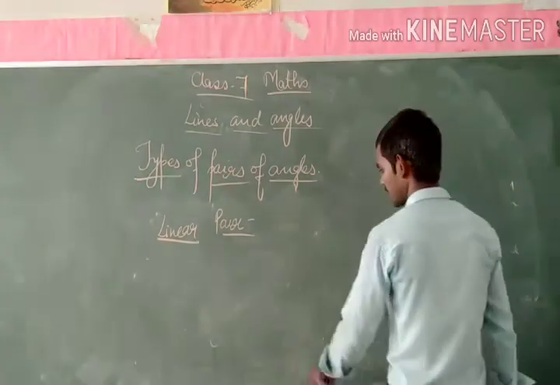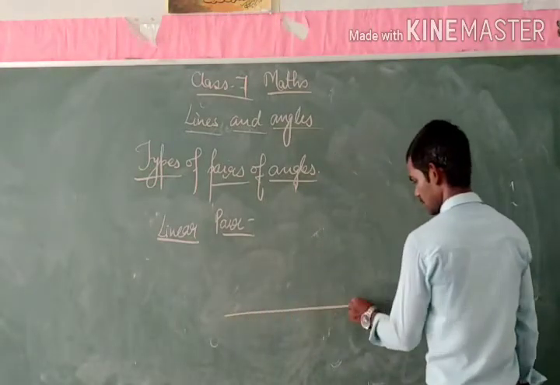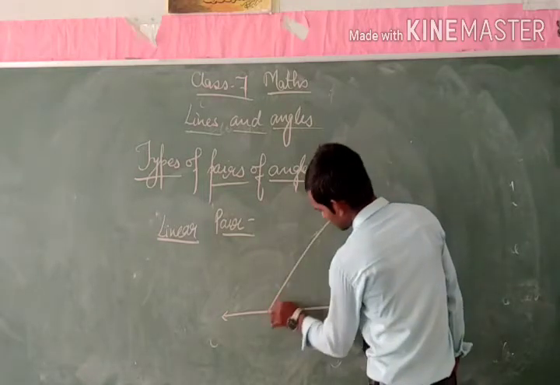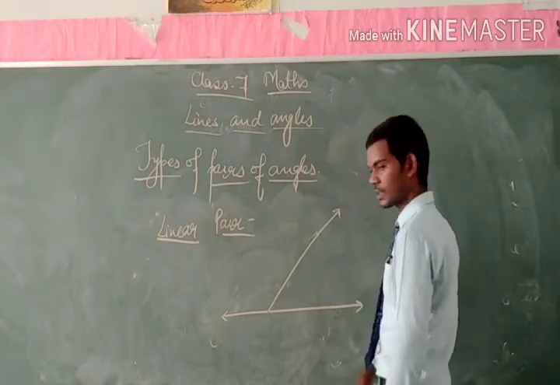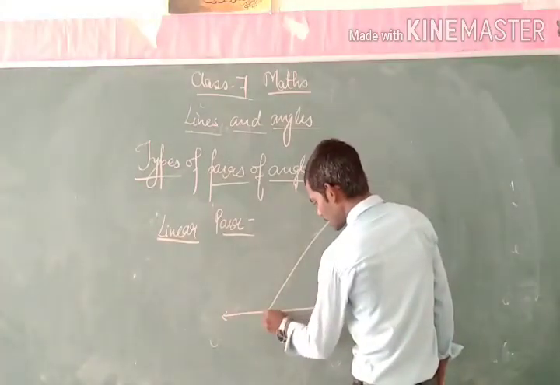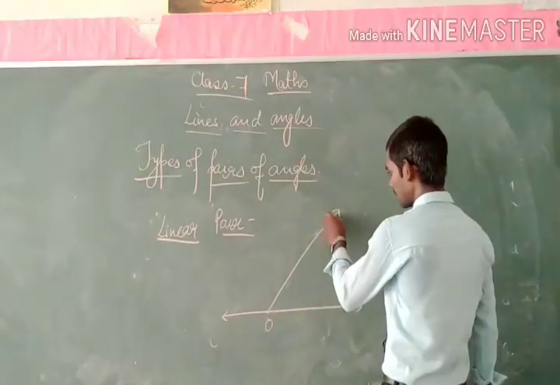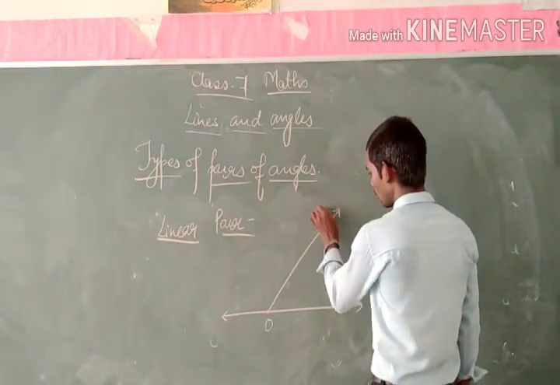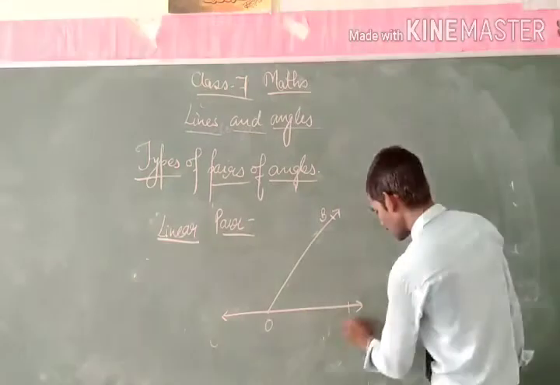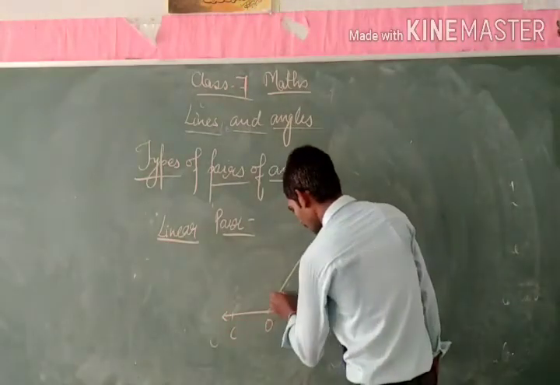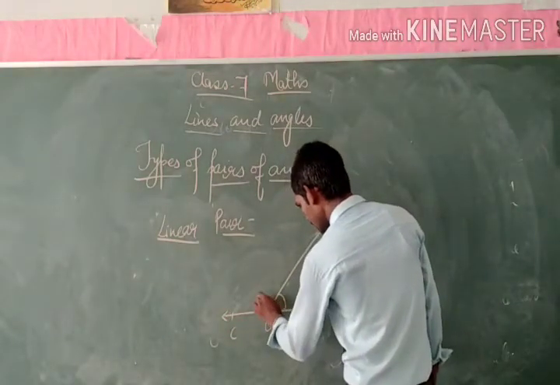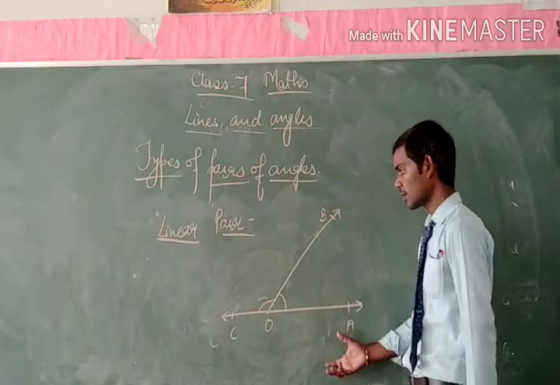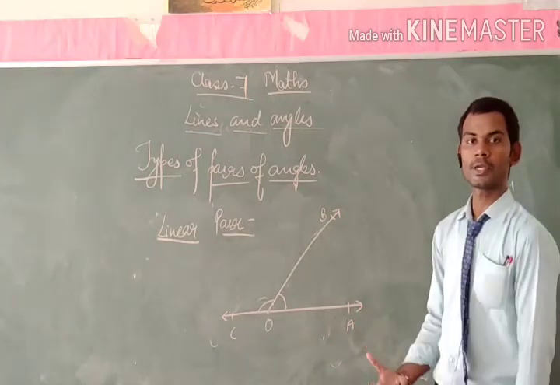Here we can see that this is a line and this is the other line, which intersect at the point O. This ray has the name OB, and this is A and C, and the angle is formed here like this. This is the figure of a linear pair.